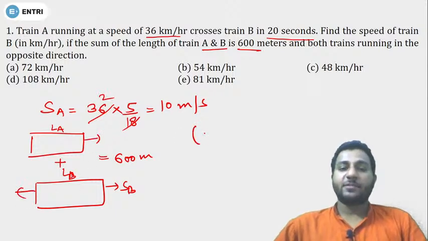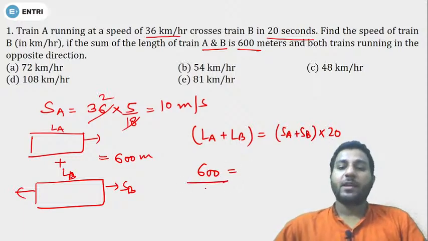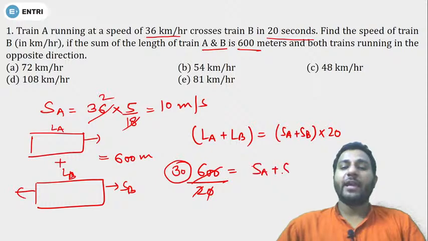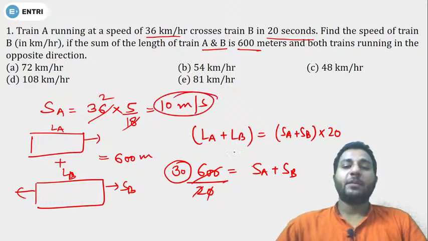तो जाहिर सी बात है length will be added and speed will also be added and it took 20 seconds. So if the length of both the trains becomes 600 and it will cross in 20 seconds, which means 30, the total speed of A and B's train speed will be 30, in which 10 meter per second was train A's speed, which means 20 meters per second will be train B's speed.